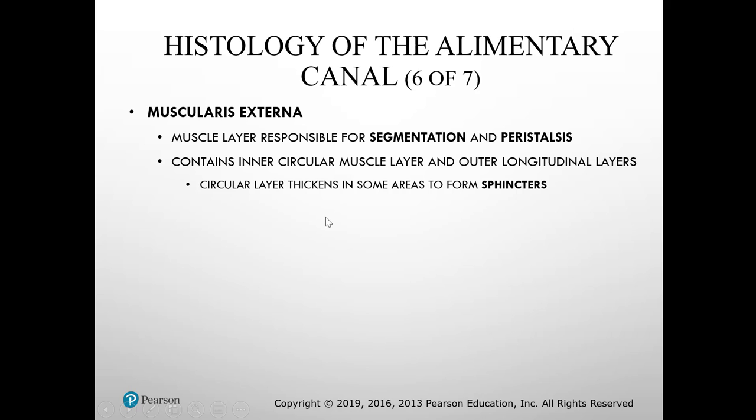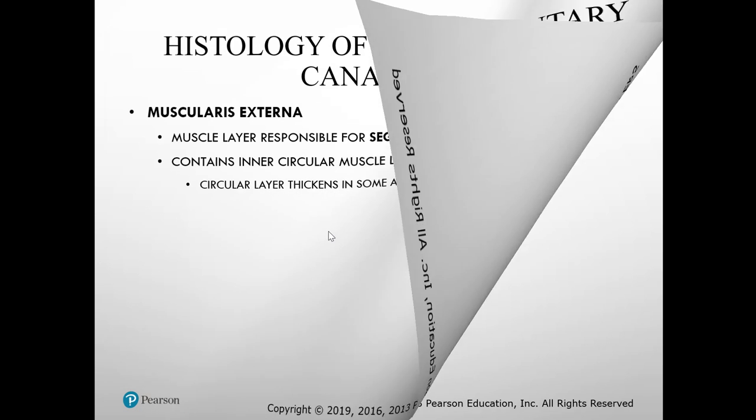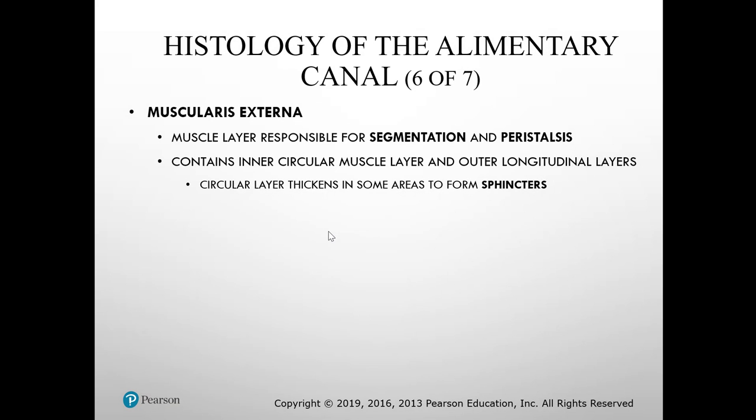And the circular layer thickens in some areas to form a guard that would prevent the abrupt passage of food between two different tubes. You call these valves or sphincters, and they are made of a very thick circular layer of muscle.